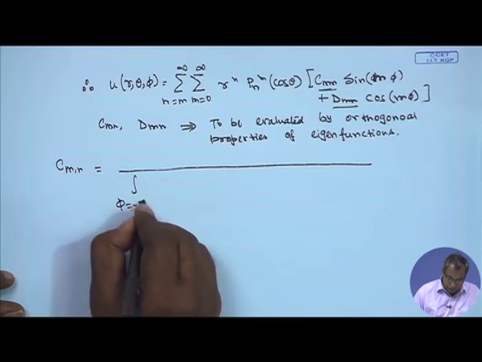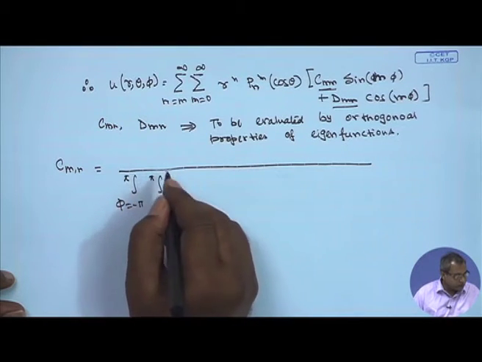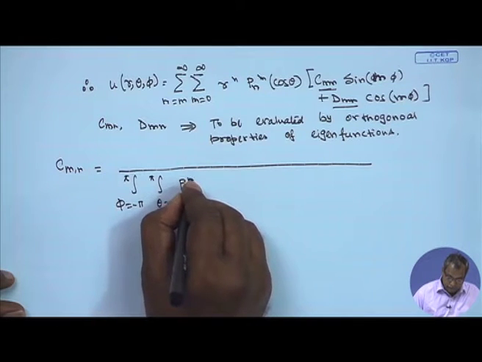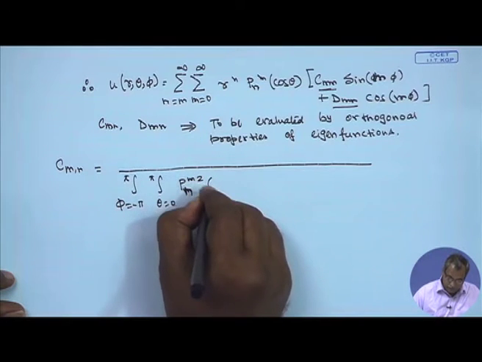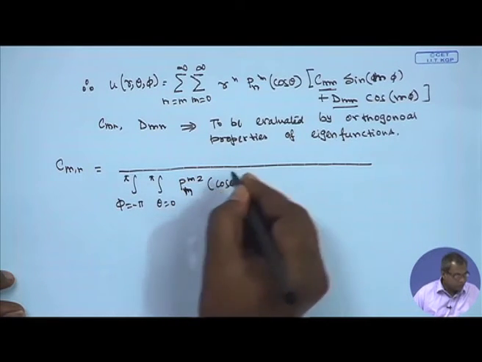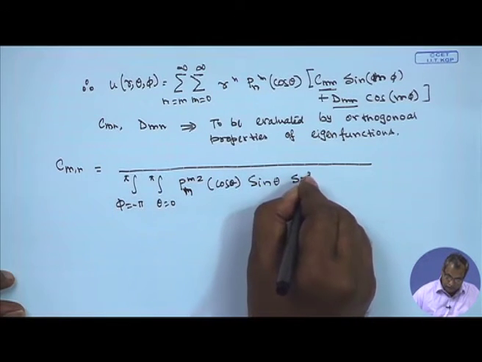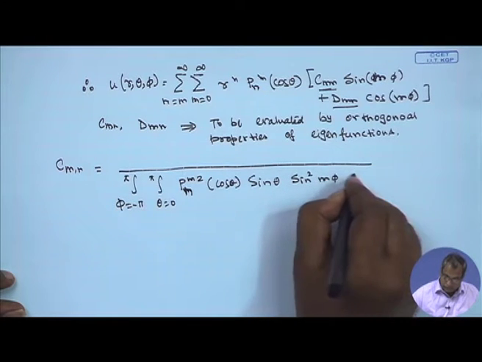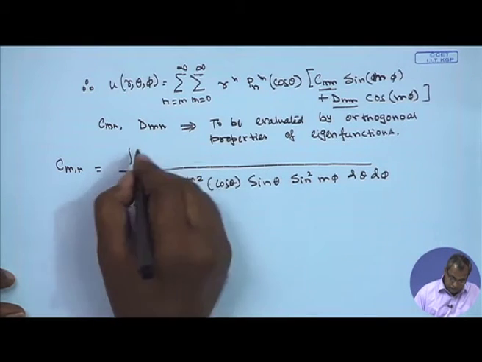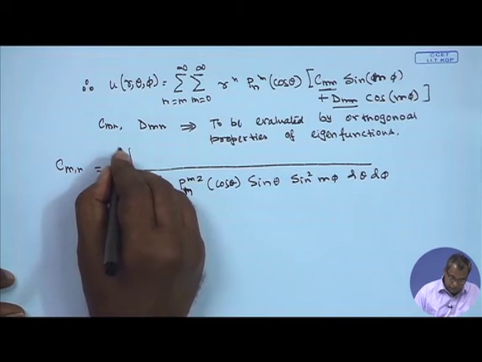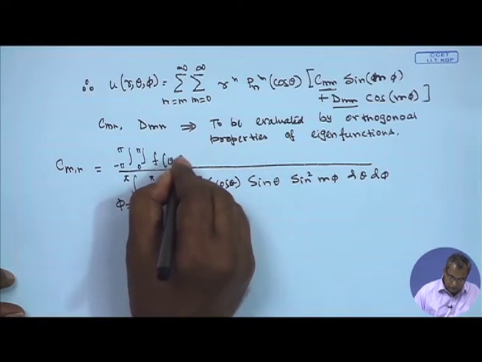phi from minus pi to plus pi, theta from 0 to pi, the square of P_n^m of cosine theta, sin theta, sin square m phi, d theta d phi, and again from minus pi to plus pi, 0 to pi, f of theta phi.